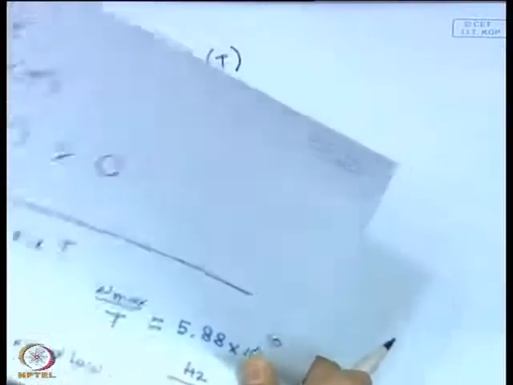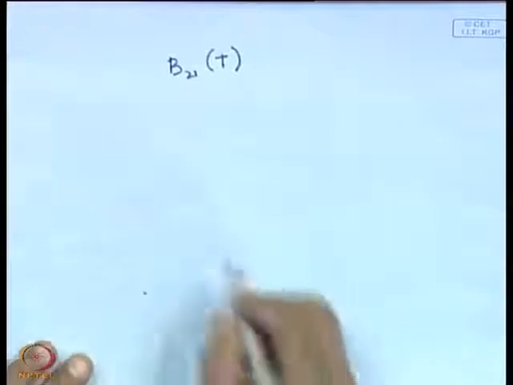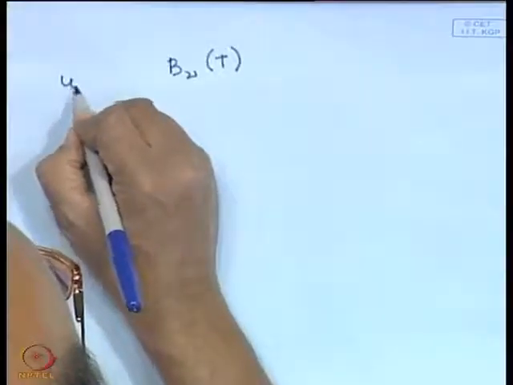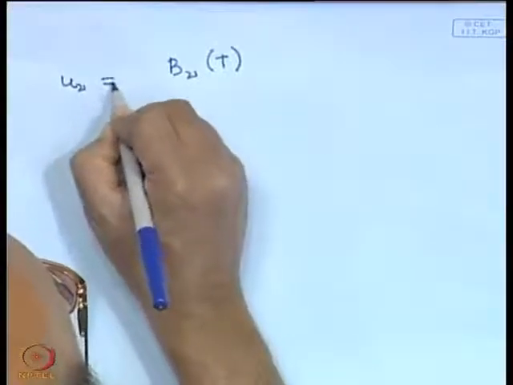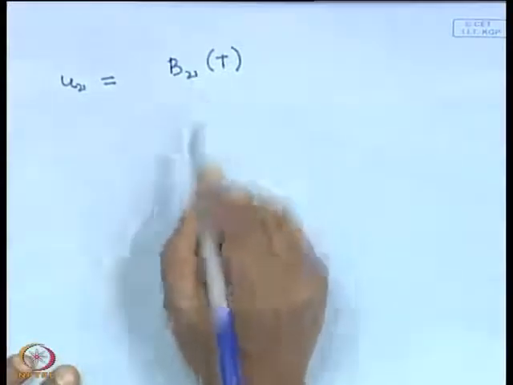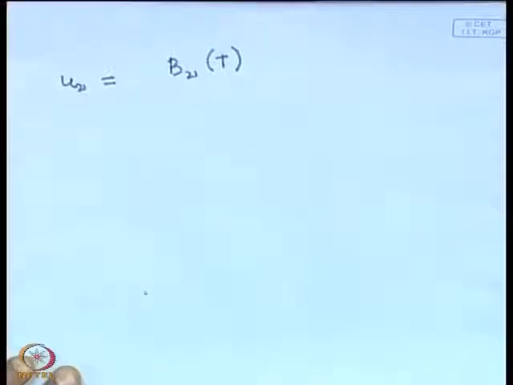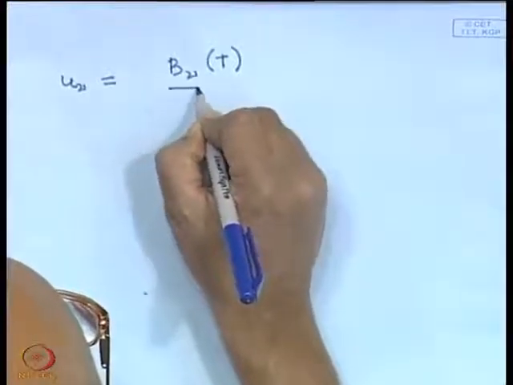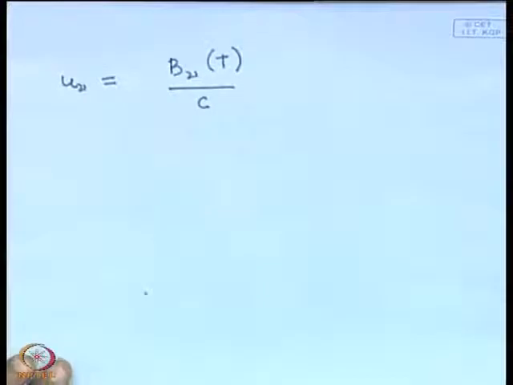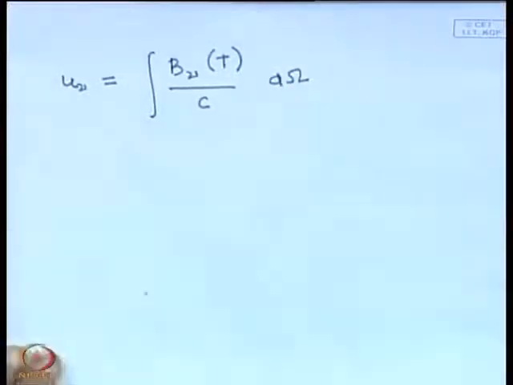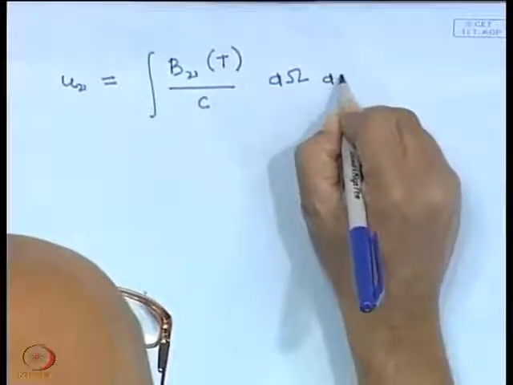So we know that the energy contained in a particular set of rays in a particular direction is just this quantity divided by C, and if you want the total energy density, then you have to also integrate over solid angle, and you have to also integrate over frequency.